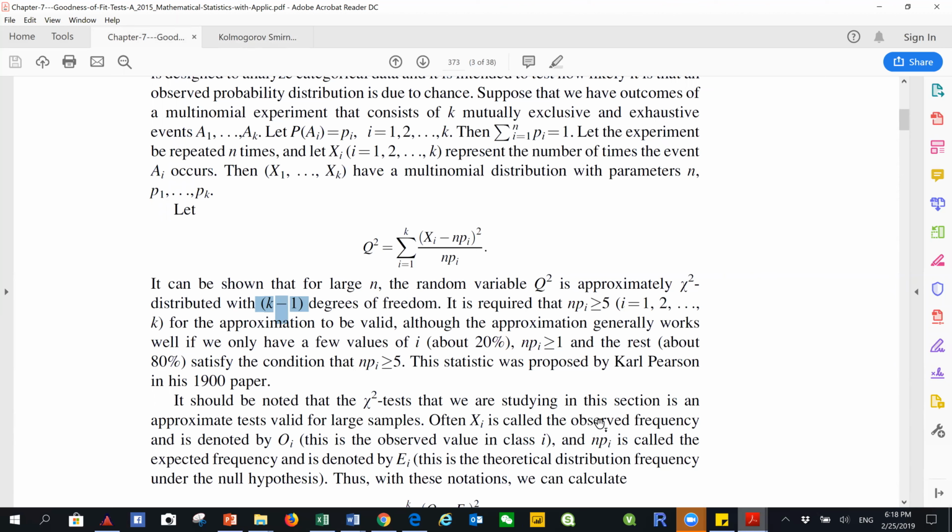So chi-square actually has the underlying assumption of normal distribution. Okay, now how do we do this?